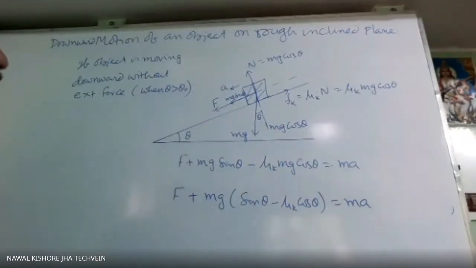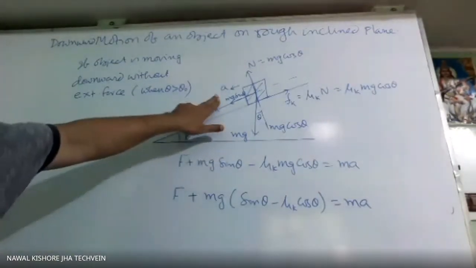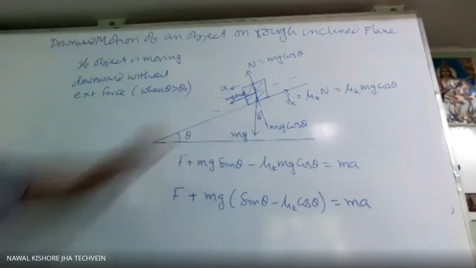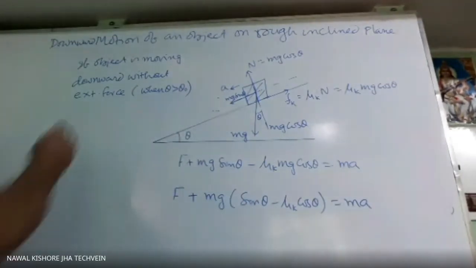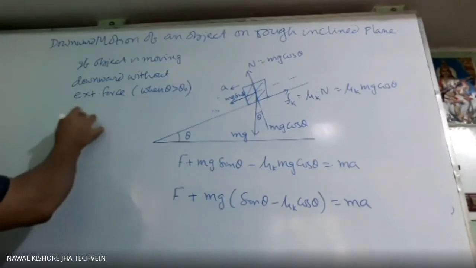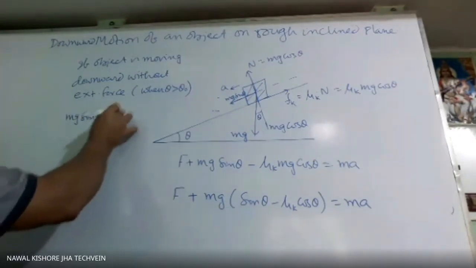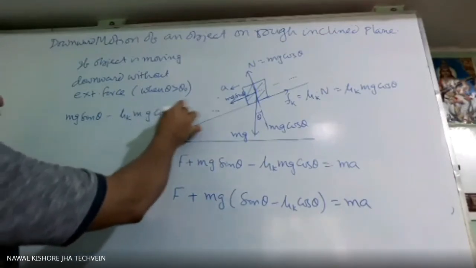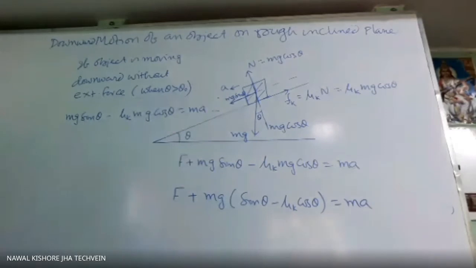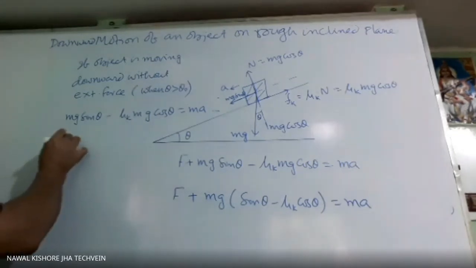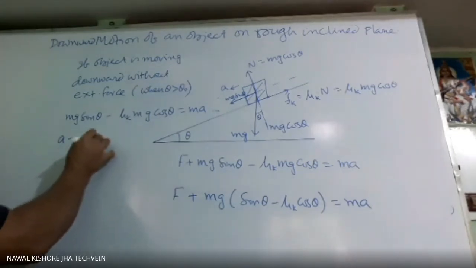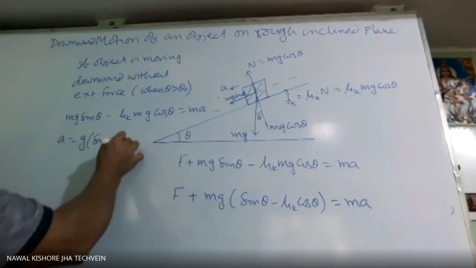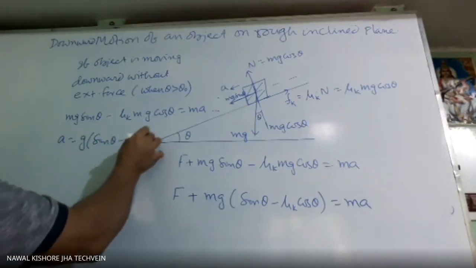So in that case, what will be the equation? This F will not be there. Then mg sin theta minus mu k mg cos theta will be equal to ma. And m will be cancelled. So this a will be how much? g sin theta minus mu k cos theta.